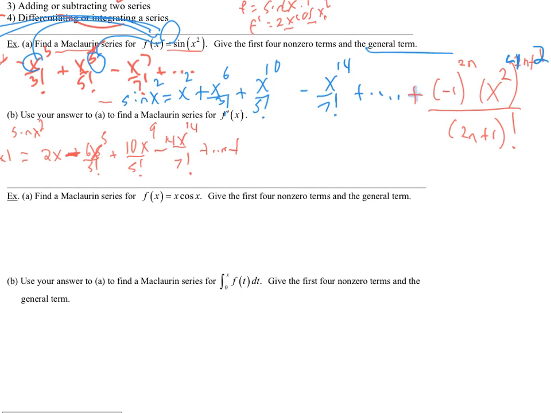Still a negative 1. I mean, you could say negative 1, then there's a 2n out front, then 2n minus 1 up here. Then that would be a 4n plus 2 in the front, 4n plus 2 in the front of the x, making that a 4n plus 1 over 4n plus 1 factorial.